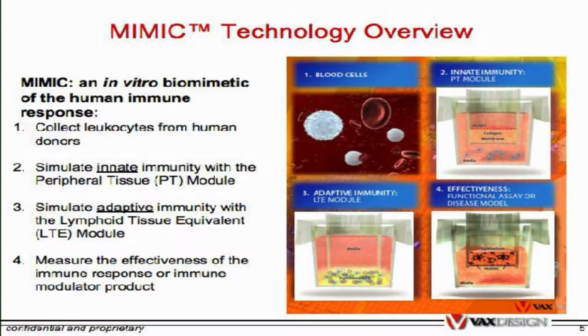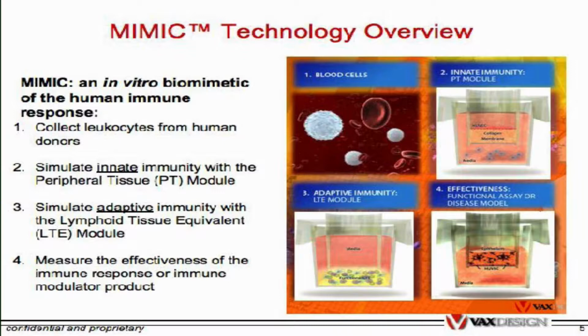Certainly, simulating the innate immunity with a peripheral tissue module, we have a particular construct that I'll describe in a little bit that looks at innate immunity and certainly adaptive immunity, what happens in a lymph node where you have B and T cell lymphocytes, and how those cells interact with antigen processing cells, and then, of course, functional tests, as I mentioned.